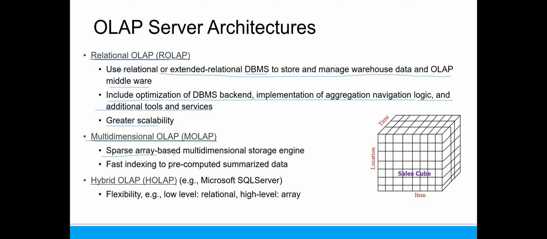It is a sparse array-based multidimensional storage engine, and it uses fast indexing to pre-computed summarized data. There's another kind of OLAP, we call it hybrid OLAP, like the Microsoft SQL. It shows the flexibility, low level, the relational, and in the high level, we use array. So they split the way. If it is low level, just use the relational, like the relational OLAP. If it is a high level, they use array to make it more optimum.